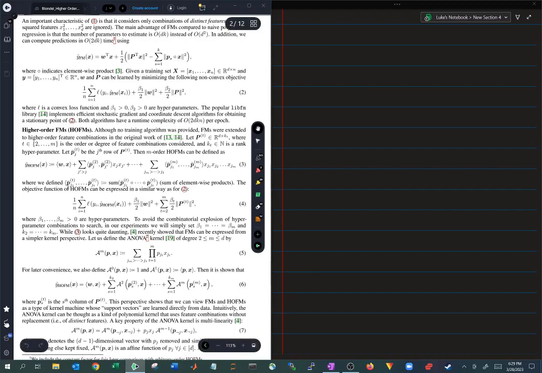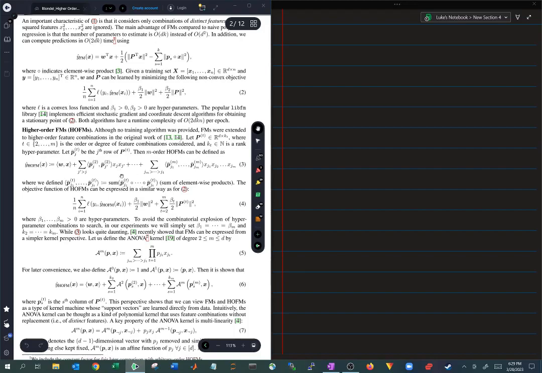And so here we see this sort of generalized inner product between these rows is defined as the sum of element-wise products. So let's make sure we understand that. Basically we take all of these rows and we take the element-wise products.